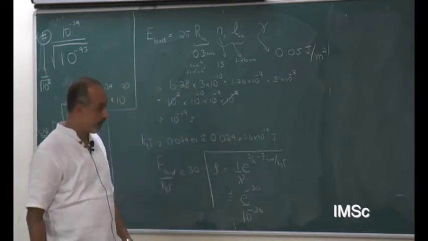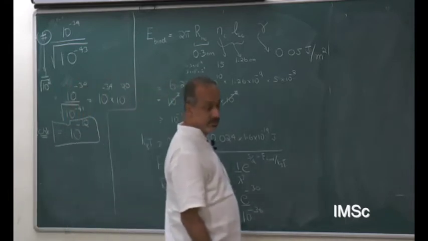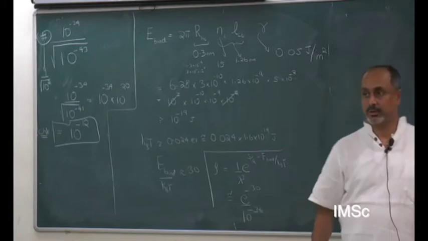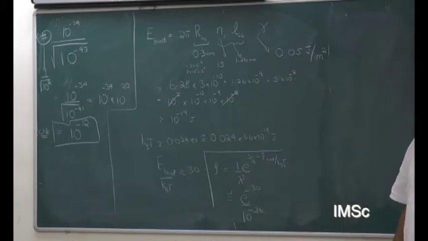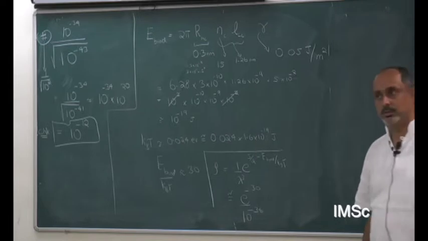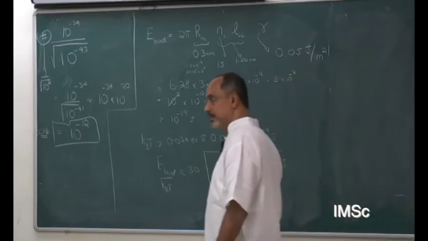Okay. Now e to the power minus 30 is not something that I can remember offhand, unless one of you can remember it offhand. So how would one do that? What is a good way of doing it?